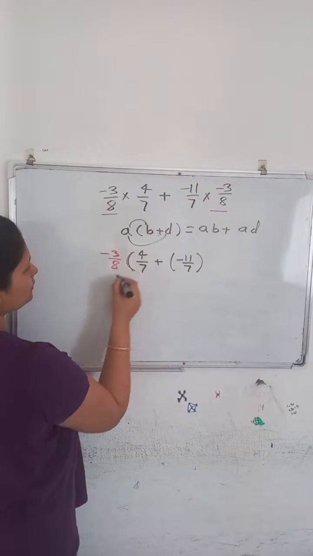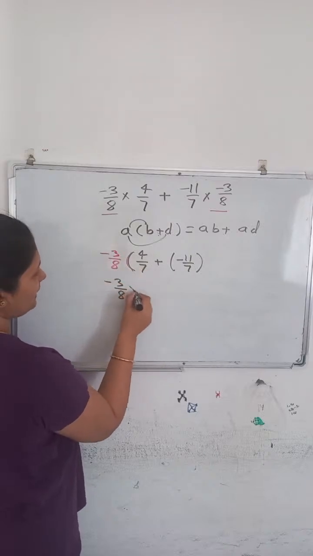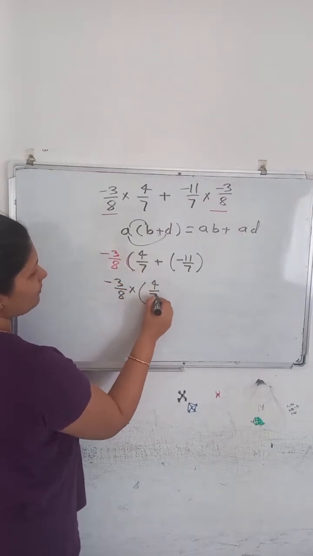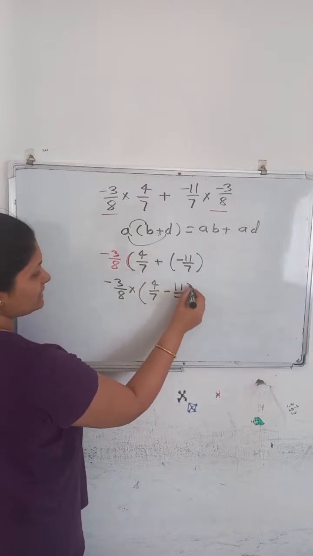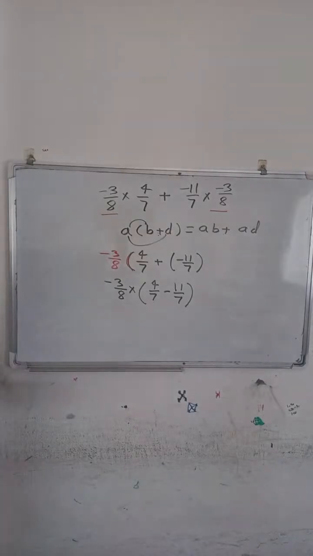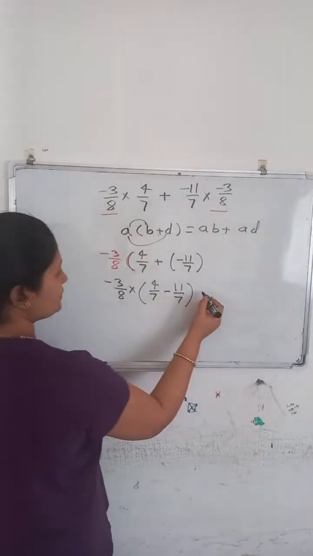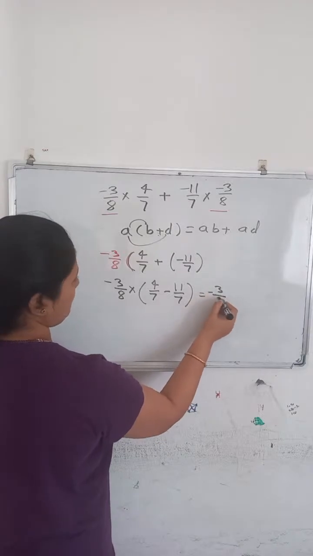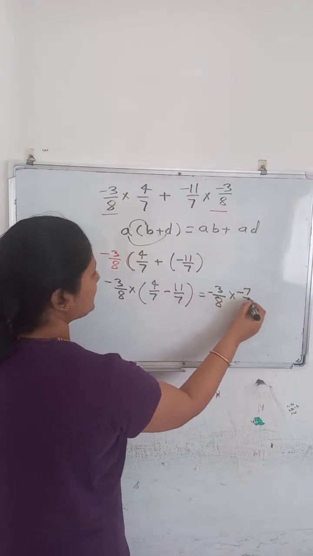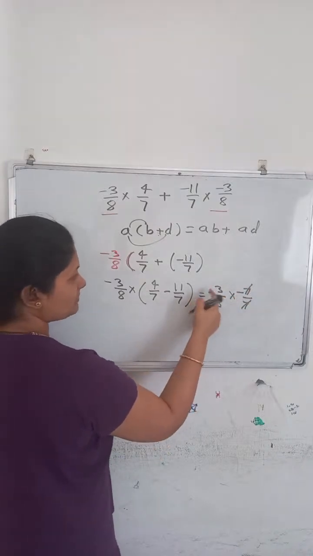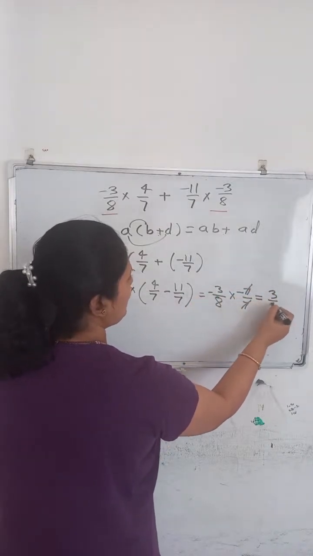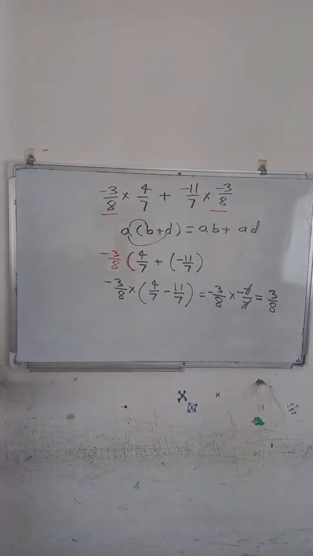So minus 3 by 8 into, now 4 by 7 plus minus 11 by 7, 4 minus 11 is minus 7, so into minus 7 by 7. The 7s get cancelled, minus minus becomes plus, so the answer is positive 3 by 8.